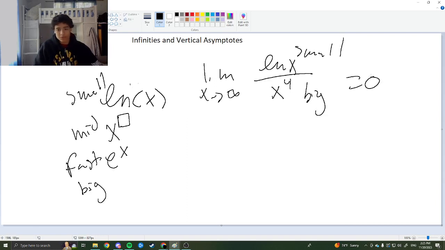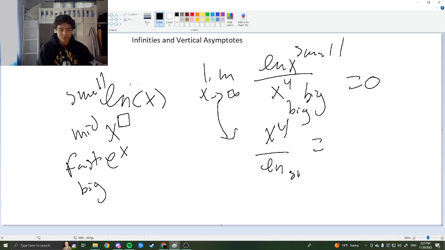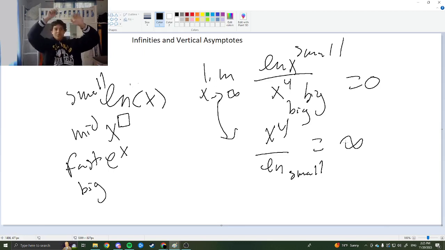So this equals 0, because it's small over big. So it's just things like that. And then if you have x over 4 minus ln x, in the same problem, right? This is big over small, so this is infinity. So you just have to be able to recognize, if you have an x to the power of something over ln something, and you're looking for the asymptote, it's going to be infinity, it's going to go forever, right? Because it's big on top of small, and then vice versa.